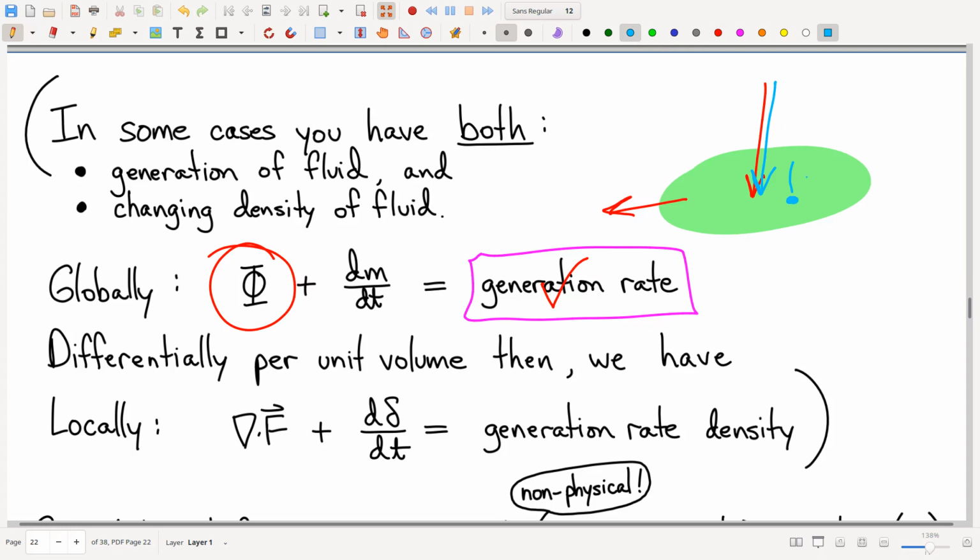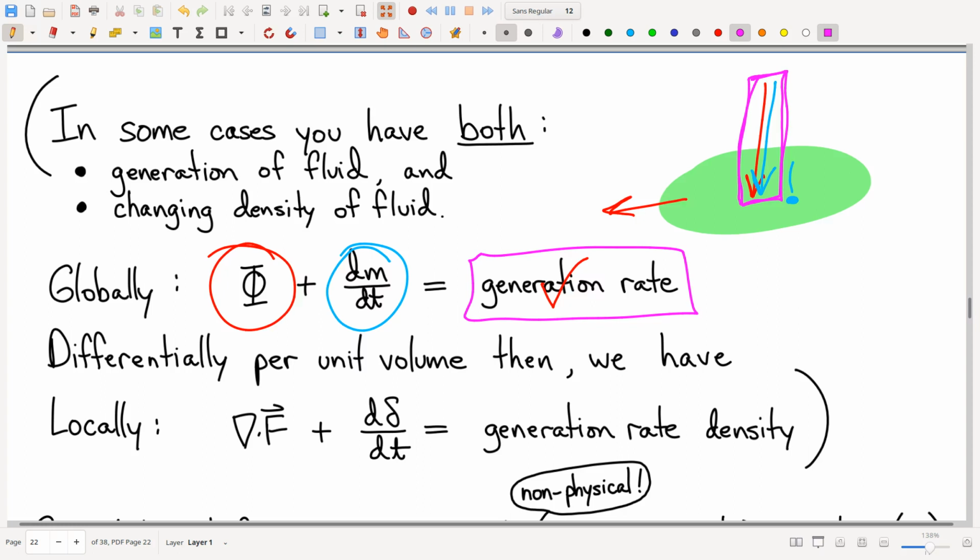Another possibility is that if fluid is being created, it could stay. And if you think about it, if fluid is being created and then stays within the region, that increases the total amount of mass of fluid in the region, which is dm/dt. So when fluid is generated, it either leaves and becomes flux, or it doesn't leave and it contributes to dm/dt.